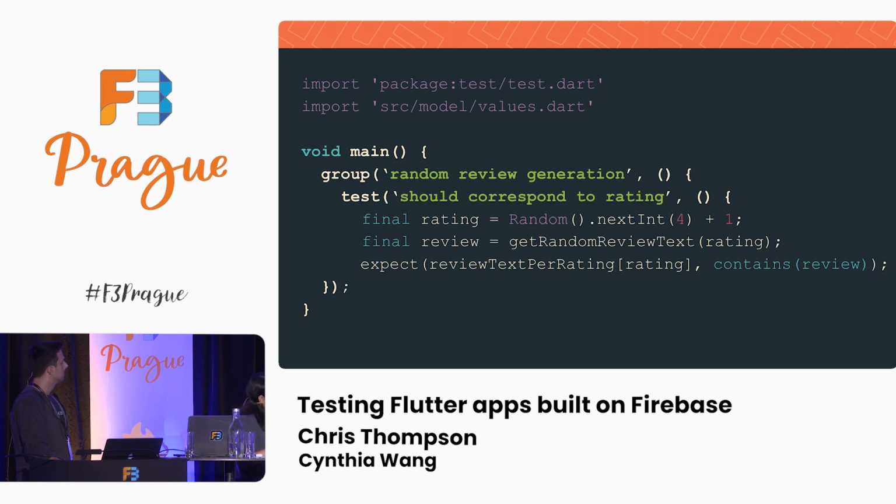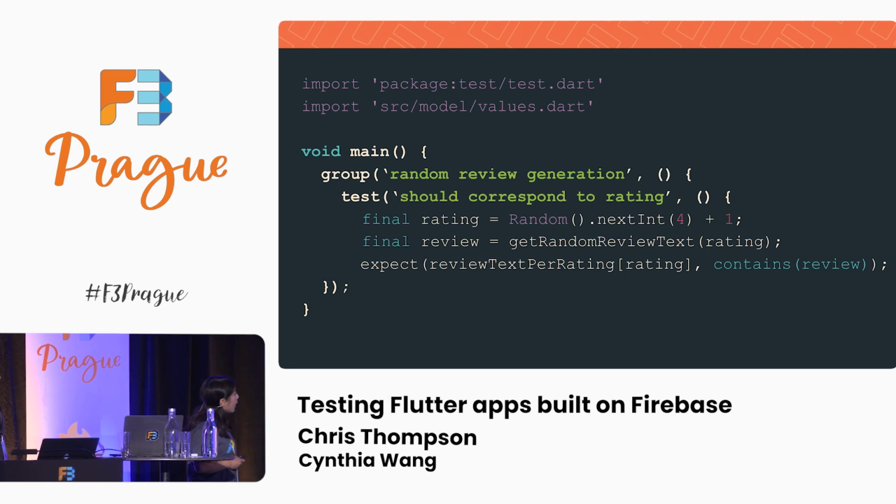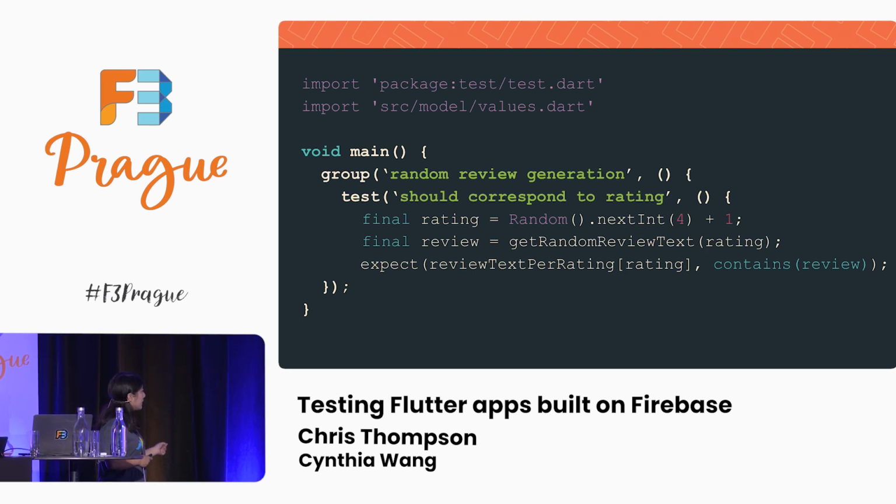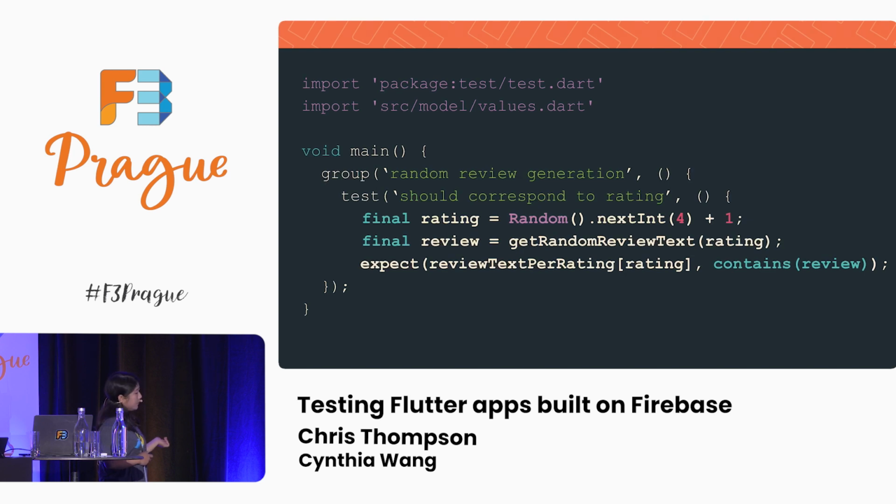So here, we have a unit test for a method that generates a random review for a restaurant. We have groups of tests, and within a group, you can have multiple tests. This will allow us to test different aspects of our function or component. So the function that we're testing here, which is get random review text, takes in a rating from 1 star to 5 stars, and it outputs a description.